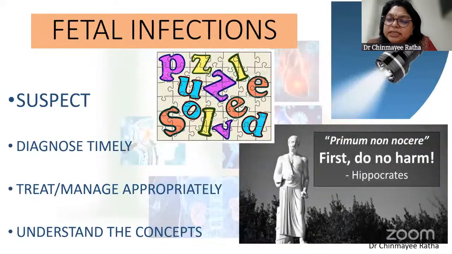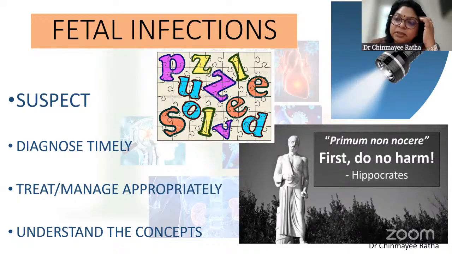So in terms of fetal infections, suspect the infection, diagnose it timely, and treat and manage appropriately, because we need to understand the concepts so that we don't do any harm to our patients. Regarding fetal infections or this entire TORCH profile, at least from the fetal and obstetric point of view, I feel there is a lot to be learned. There is a lot of misunderstanding and suboptimal interpretation of this report.